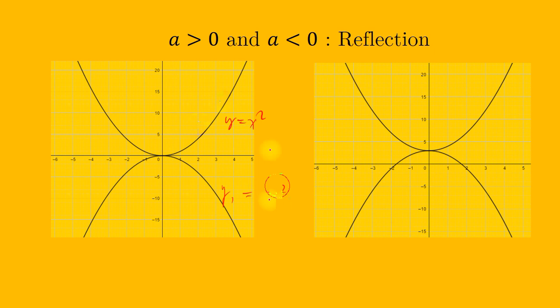So y sub 1, the one opening downward, is a reflection of y. You can reverse this statement, although it has the same meaning.